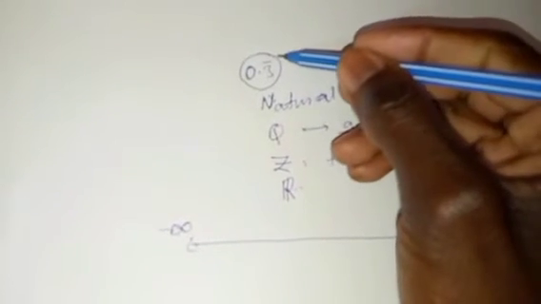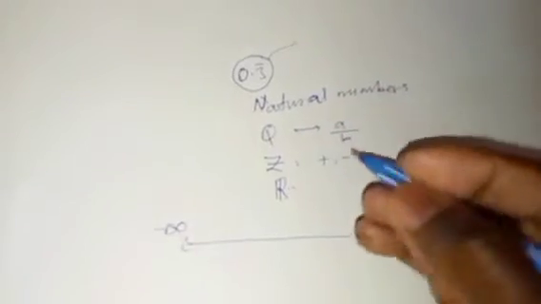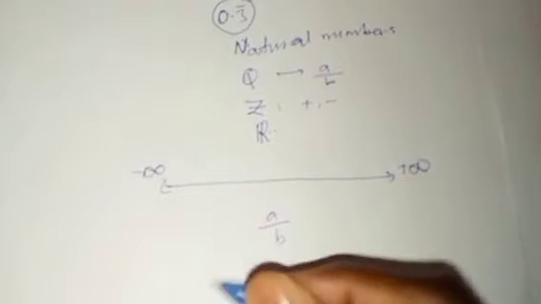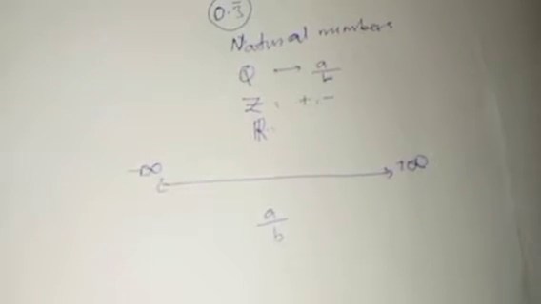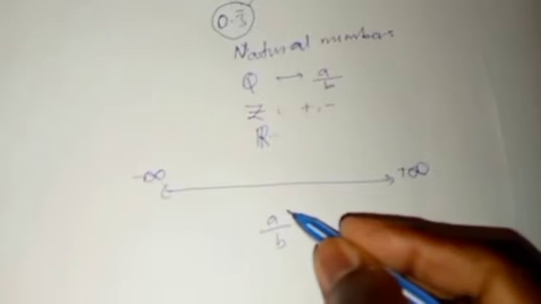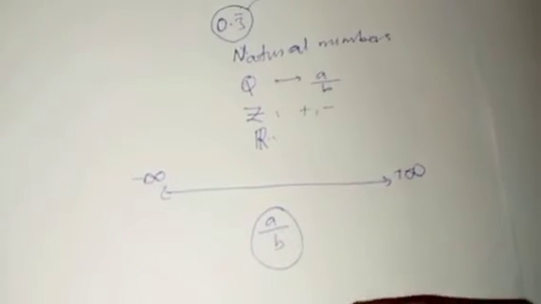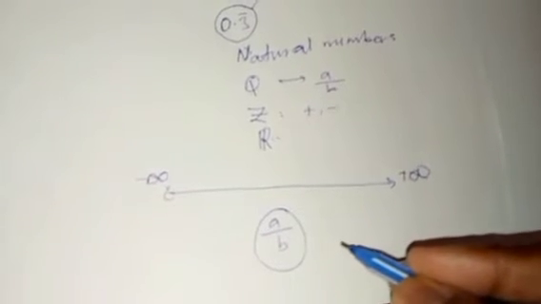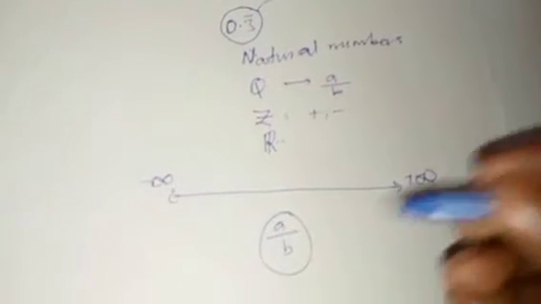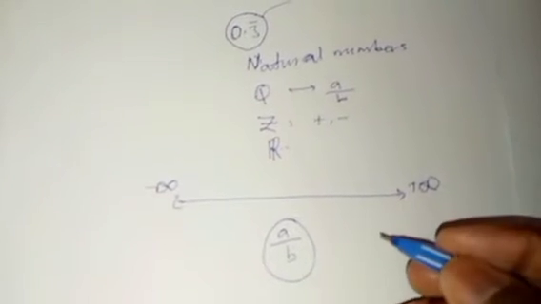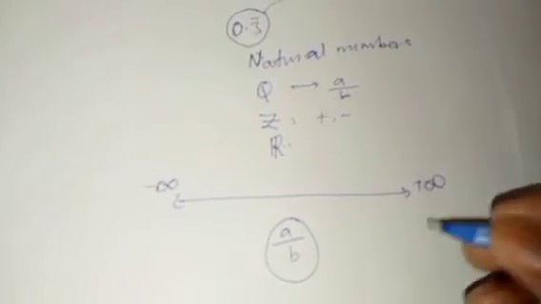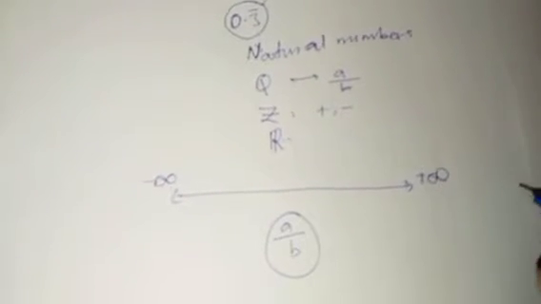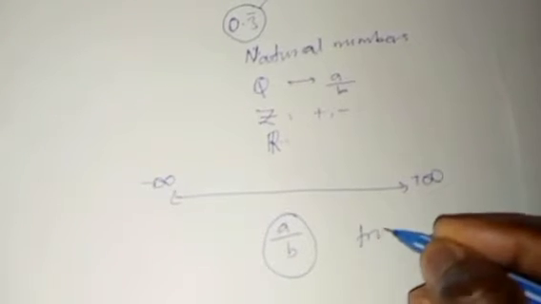So what if someone asks, what are these rational numbers? Rational numbers are numbers that can be expressed in the form of a over b. So all the numbers that can be expressed in the form of a over b, we call rational numbers. They can also be termed as numbers having a repeating number just after the decimal place. The number having a repeating number just after the decimal place, we call a recurring number.